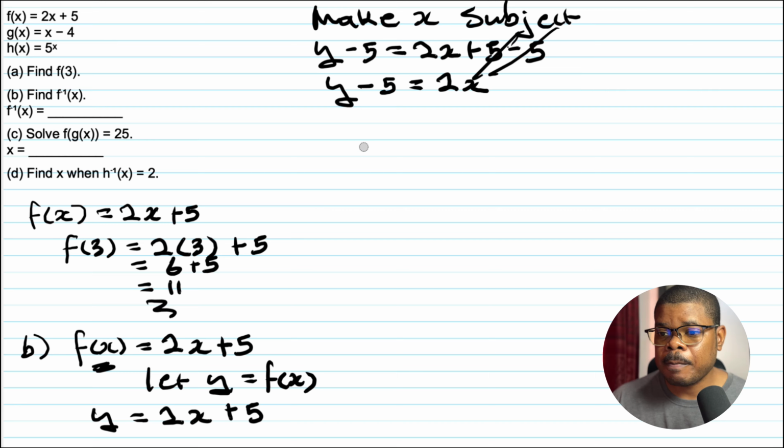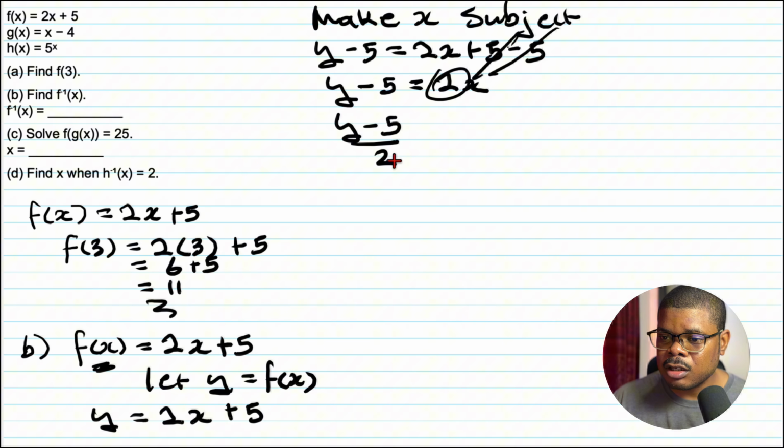So we're almost there. So the next thing that we need to do is to divide both sides by 2, since we have 2 here, so that we eliminate 2 and x will stand alone in one side of the equation. So when we divide both sides by 2, we have y minus 5 over 2 equal to 2x over 2. So when we cross this, we have finally x to be equal to y minus 5 over 2.